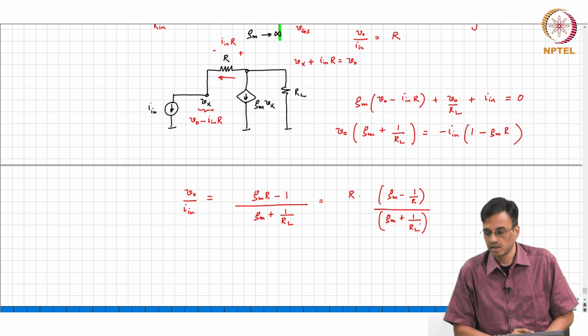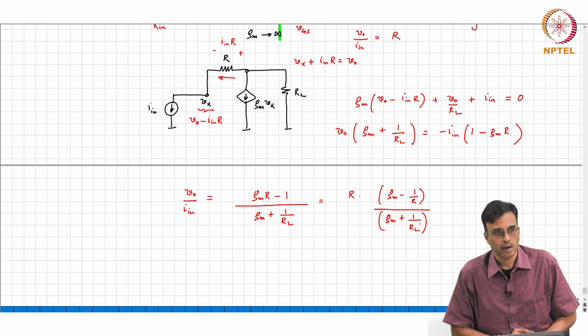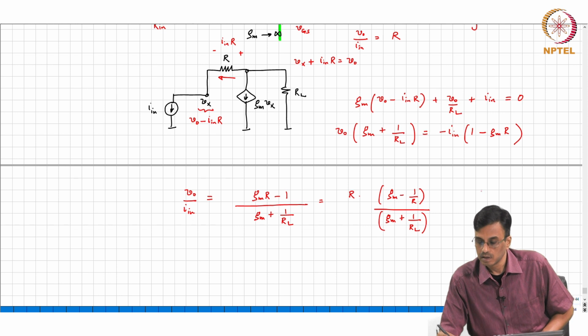And so, what constitutes a large Gm therefore? What about RL? What constitutes a large Gm? So, Gm must be much larger than 1 by R and also much larger than 1 by RL.